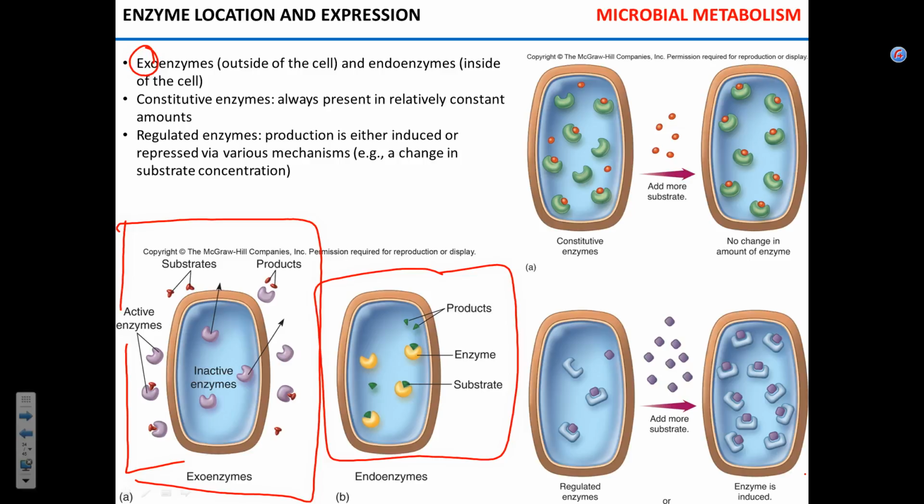The best example, I think, of exoenzymes are the exoenzymes produced by the microbe called Staphylococcus aureus. Just to remind you, it's a gram-positive coccus. Staph aureus produces a whole bunch of exoenzymes that can affect human tissue.